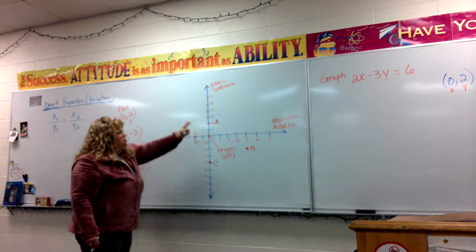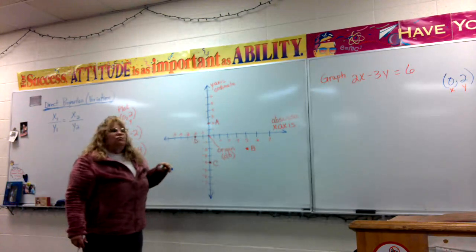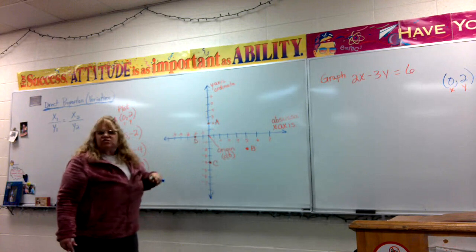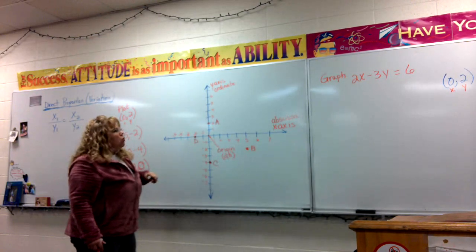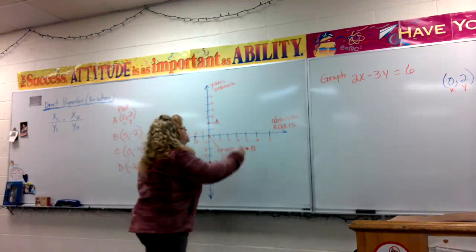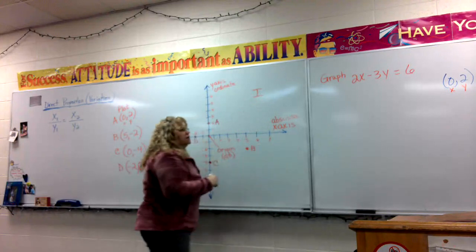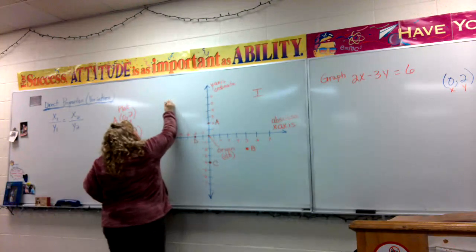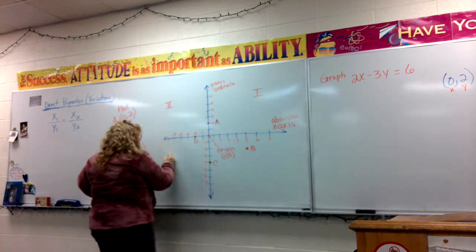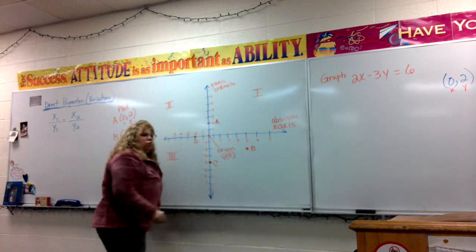And so this system is divided up into 4 regions, and those regions are called quadrants. There's 4 quadrants, and they're actually numbered. They start here. This is quadrant 1, and then they go counterclockwise from there. So this is quadrant 2, this is quadrant 3, and this one is quadrant 4.